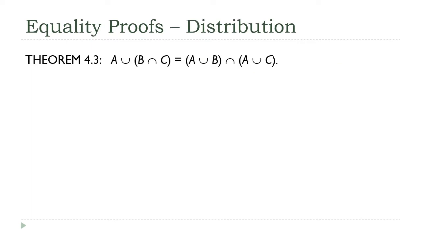So I've got an example here, and I want to show that these two sets are equal to each other. And notice what's going on here, right? I have this A that's outside, and over here, I combined the A with the B and got this part. And then I combined the A with the C and got this part.